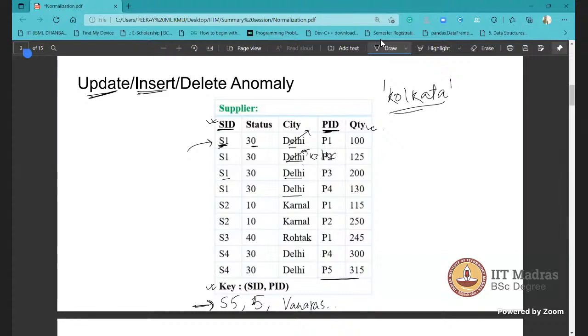Only if it supplies a product can you insert this supplier ID. Is it okay? You understand what an insertion anomaly is, right? Am I clear to you up to this point?